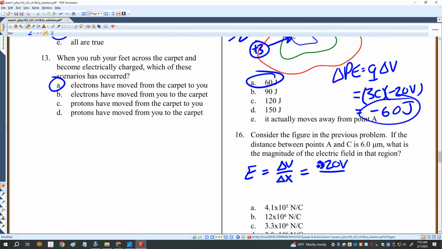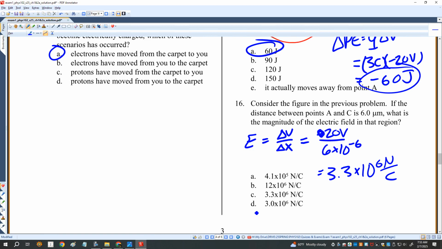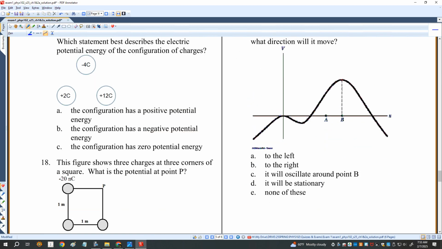Delta X is the distance, 6 times 10 to the -6. I get 3.3 times 10 to the 6. That's in newtons per coulomb or volts per meter. So C is the right answer.